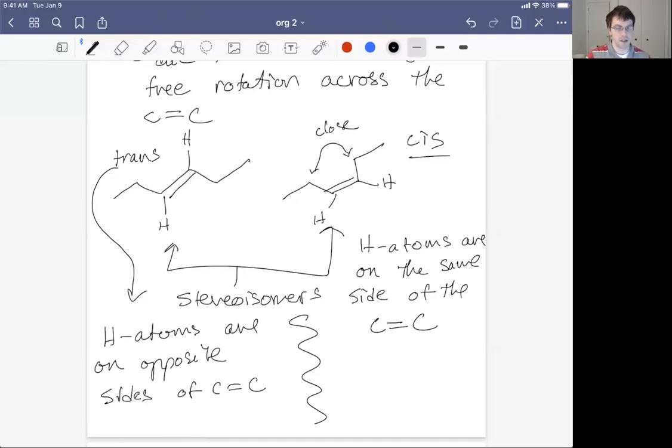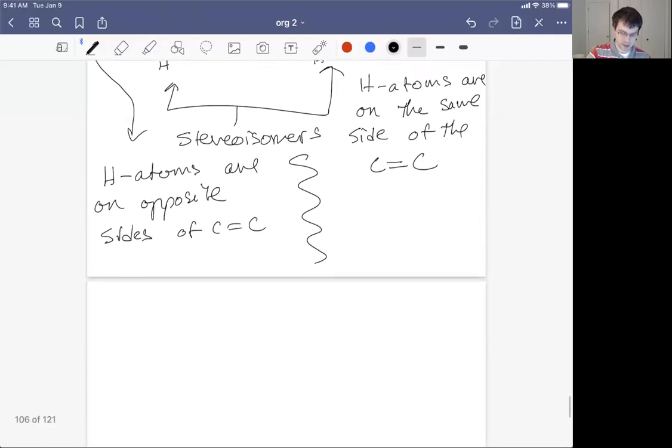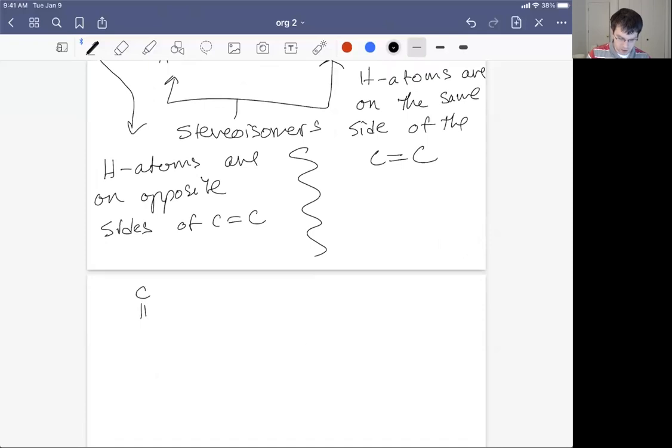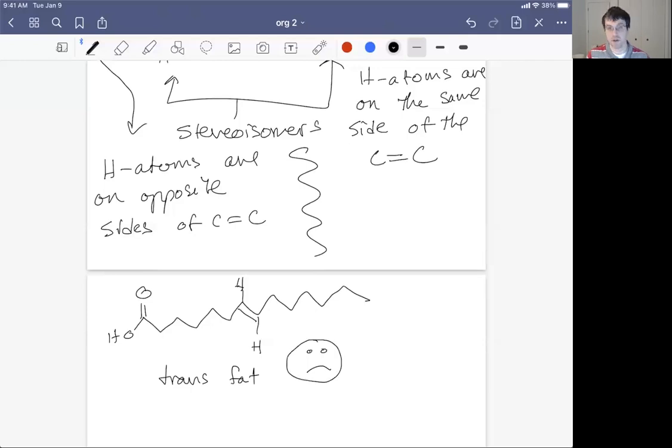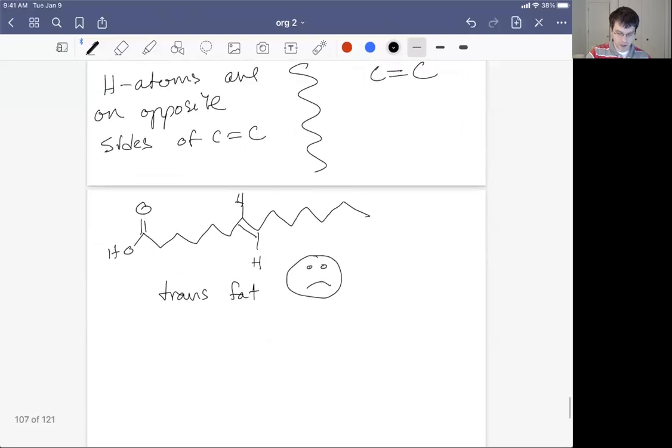Now, this is another important term that's been popularized, and that has to do with cis and trans fats. It turns out that if you have two unsaturated fatty acids, so let's draw that long carbon chain again. So if we consider this fatty acid, this would be a trans fat, and trans fats are scary. They're really bad for you. They can cause a lot of issues with your cardiovascular system.